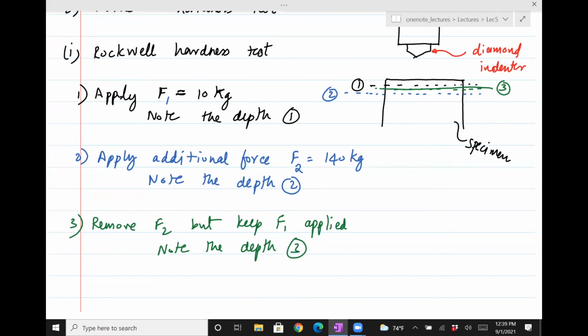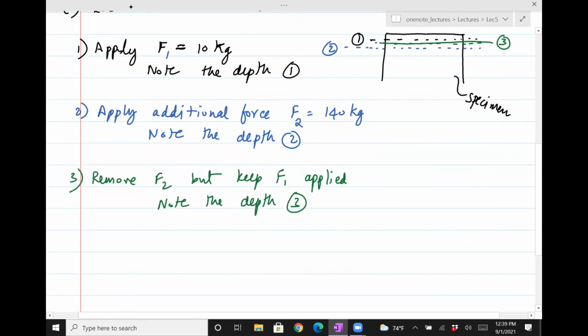Okay, now measure the distance between 1 and 3.